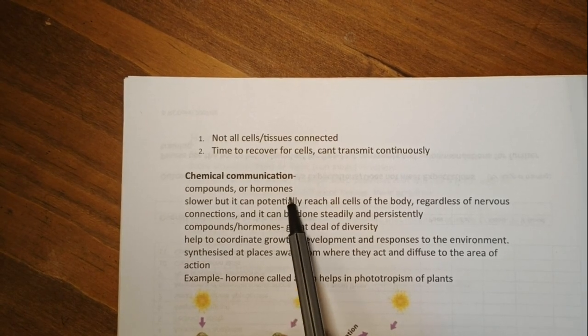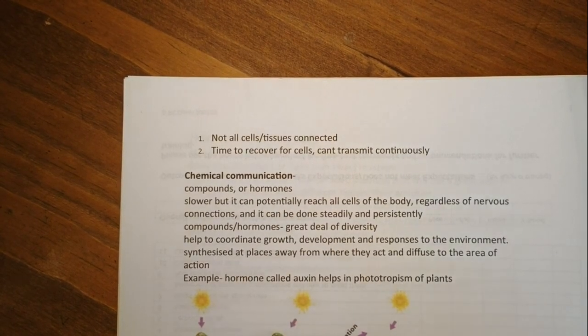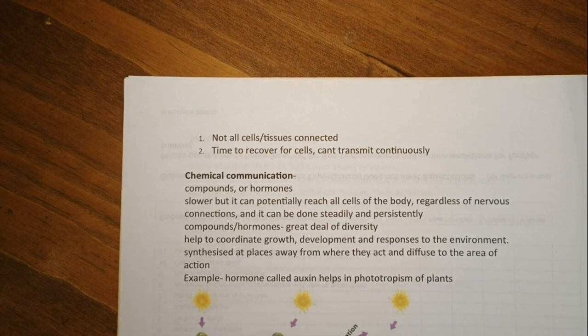Now chemical communication is through chemical compounds and they are called hormones. So understand this is a very important topic, very interesting as well. The hormones can diffuse all around the cell.